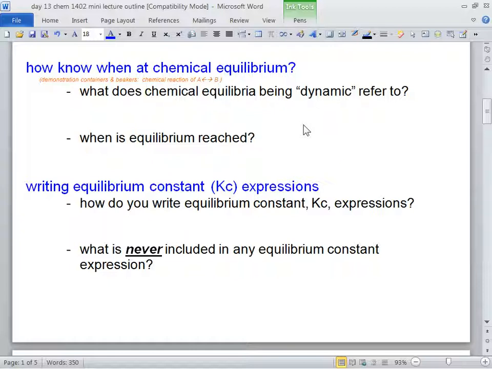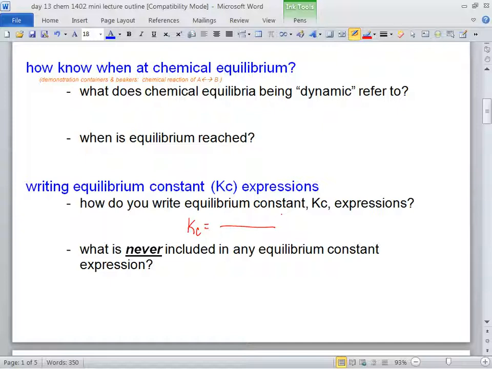So if you take all these concentrations and divide them by one another, you're always going to get a constant number.